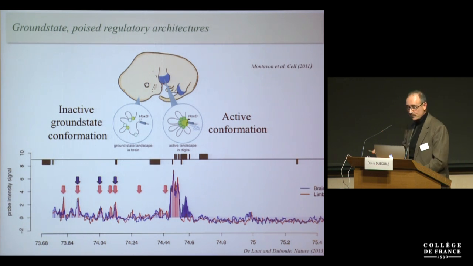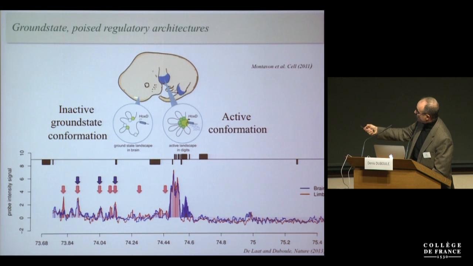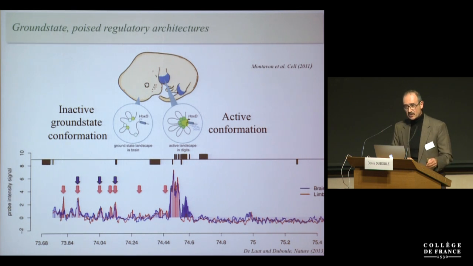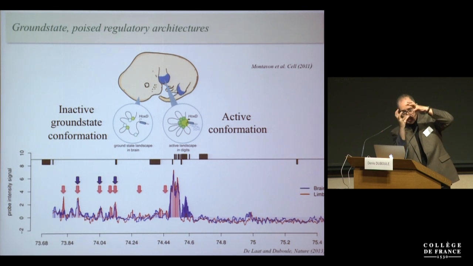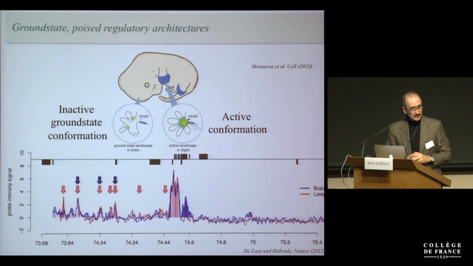And from there he proposed that there could be 2 different conformations of this gene desert, an inactive ground state conformation here, where there is no transcription readout, and an active conformation there in cells that transcribe Hox genes. And the way I think you should see it is a sort of poised transcriptional conformation that is silent, and then if you come with the correct factors, you will slightly change this conformation, and you fire, and you activate the system.